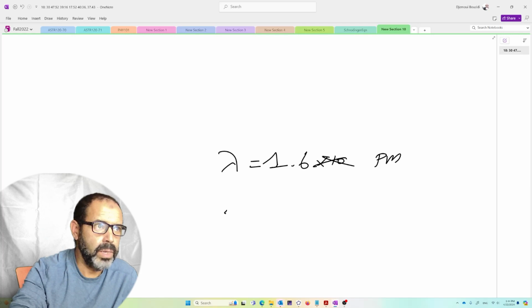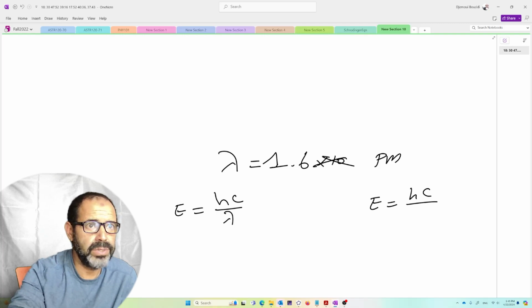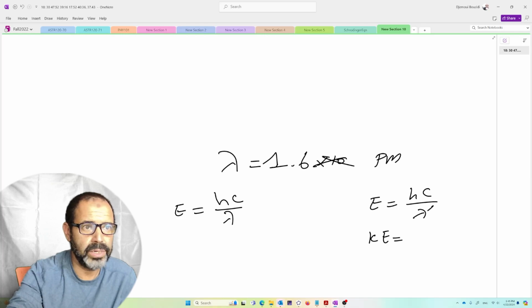Okay. The initial energy is hc over lambda, so this is the incoming photon. The outgoing photon has an energy hc over lambda prime. That's the scattered photon. The electron has a kinetic energy, but here they said that it's equal to E prime, which is hc over lambda prime.